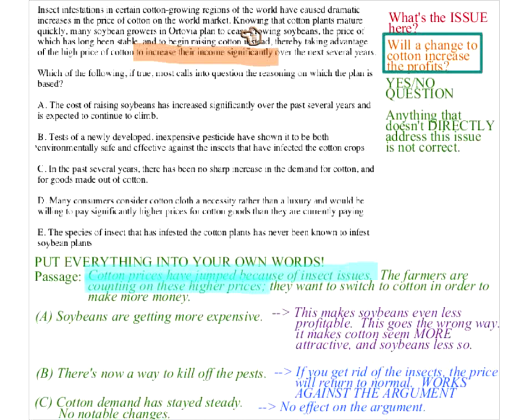Then saying something like this would weaken the argument, because their expectations are not met. But they don't need an increase in demand. The prices are high because of these bugs. So this doesn't affect it.